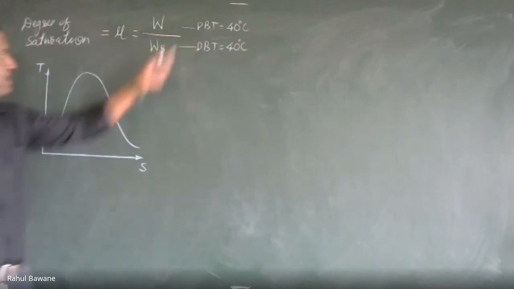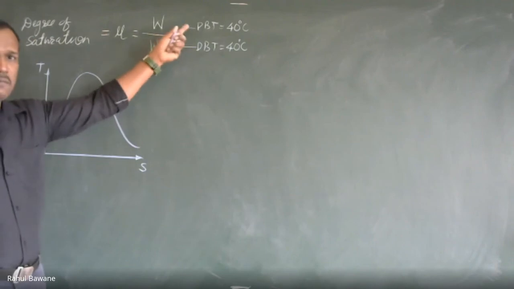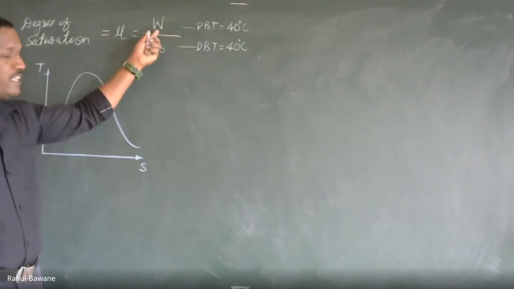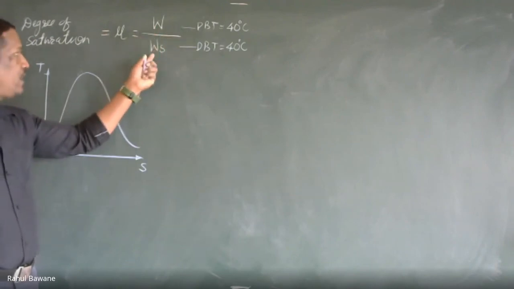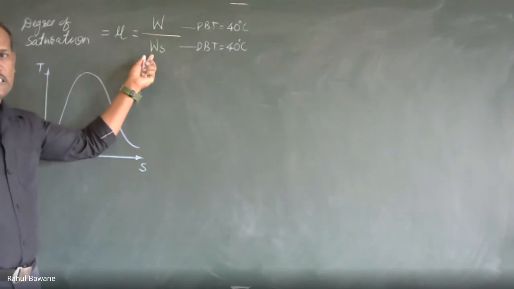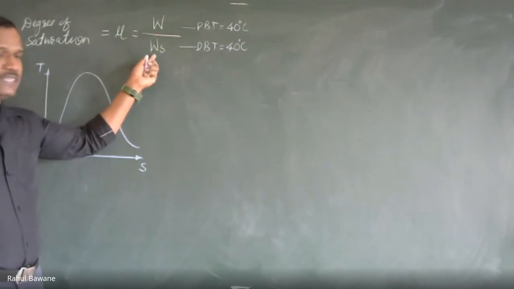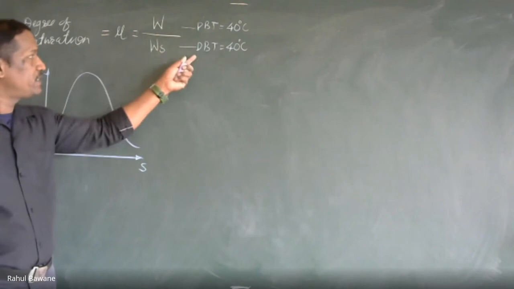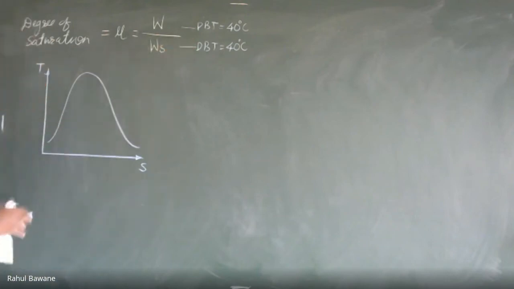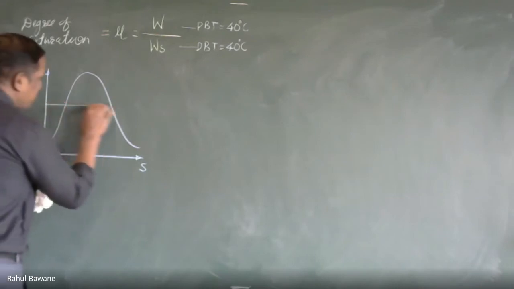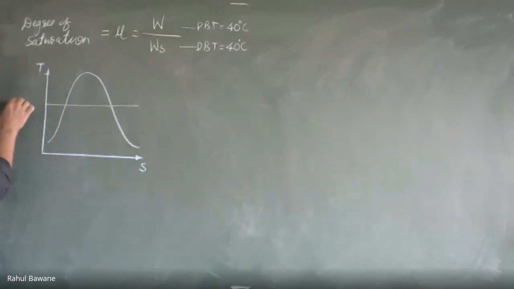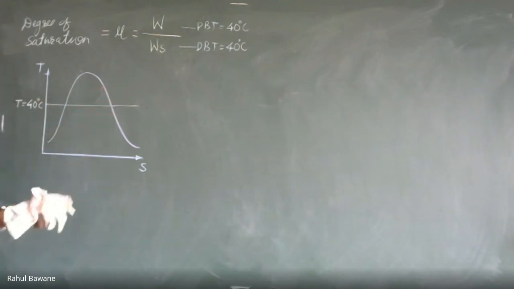So at the same temperature, same mass of air, we compare the actual specific humidity and the saturated specific humidity. Suppose this is the temperature 40 degree, so this is the constant temperature.